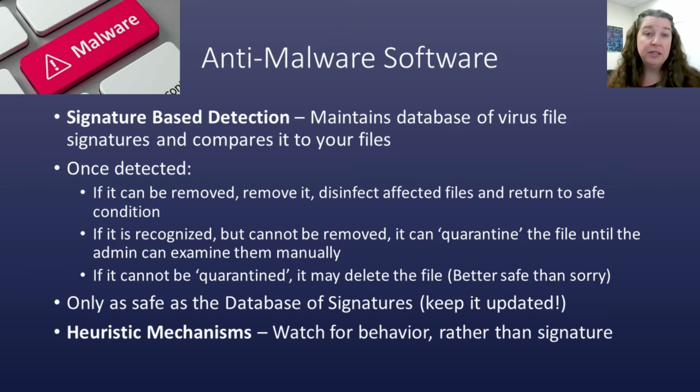So if you download a piece of software that is constantly going out to the internet, pulling in files and downloading them onto your computer, that might be malicious software and therefore needs to be quarantined until you can verify, no, that's what I intended it to do. So heuristic mechanisms are a way for anti-malware software to identify viruses without having the signature. This is a great way of looking for zero-day attacks.